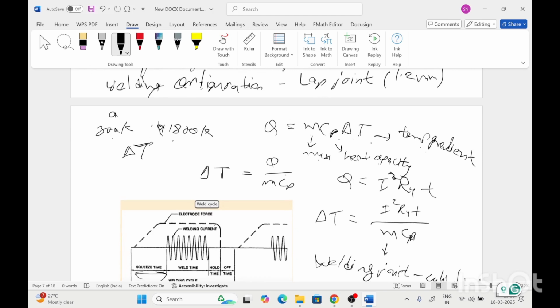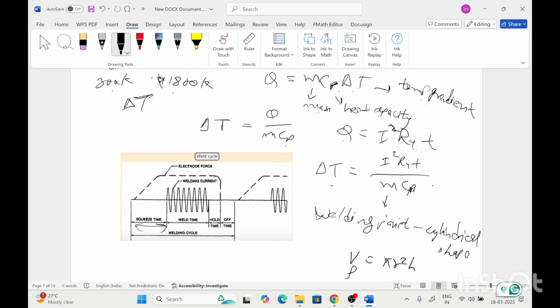So delta T can be written as Q by m Cp, and Q in resistance welding is written as I square R4 T. Further, the temperature gradient can be easily calculated by this formula.